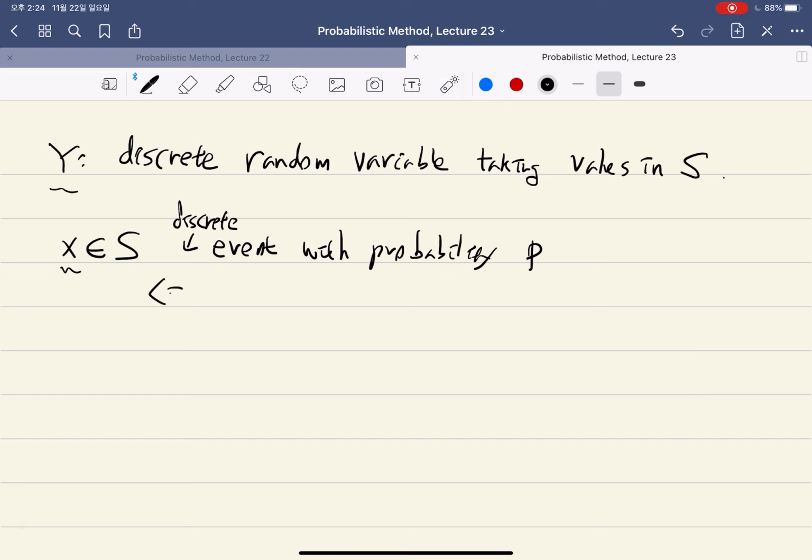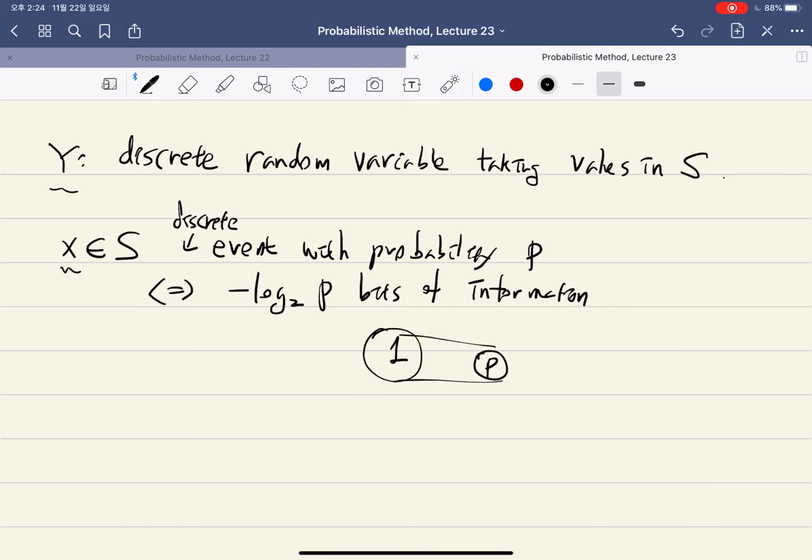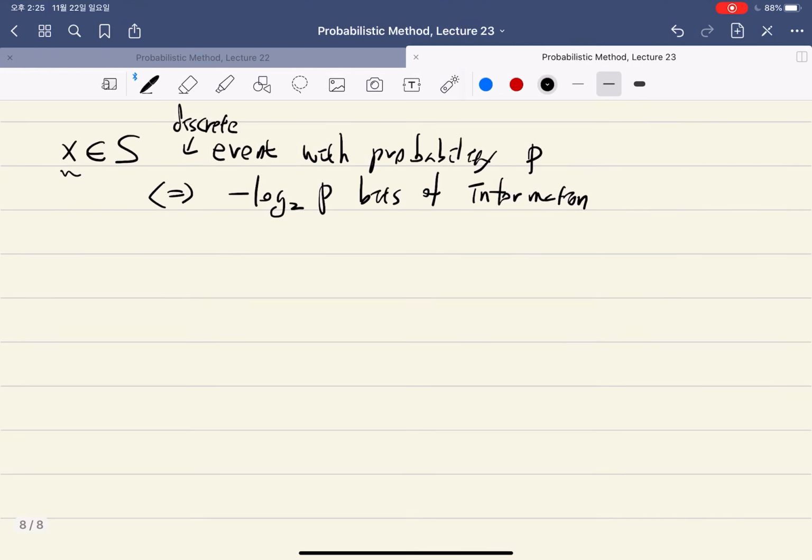So this is the same as getting negative log of p bits of information, which is that the total probability space shrinks into a smaller one by this part. We know that it didn't happen, so that's roughly what we can consider.